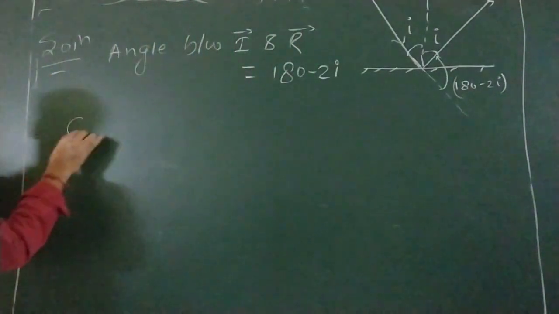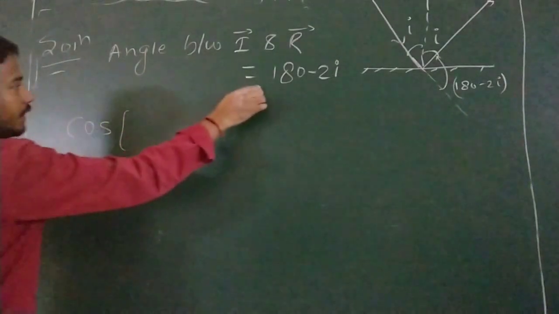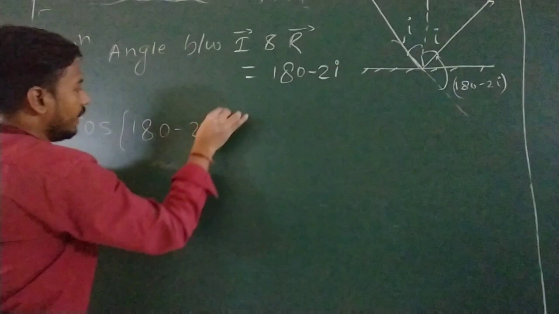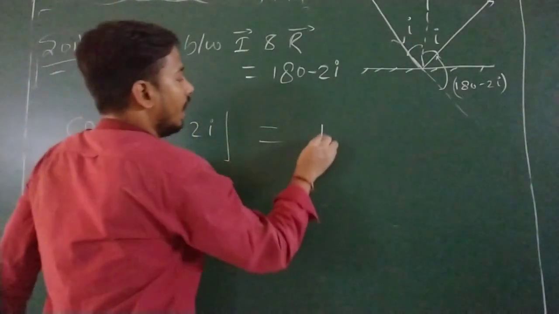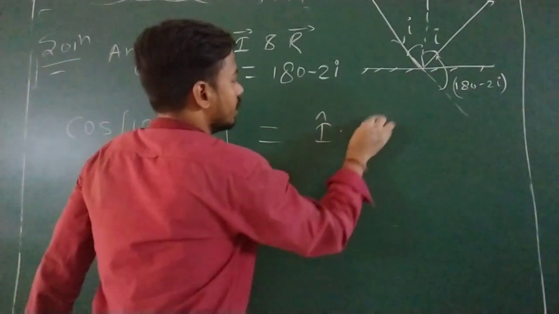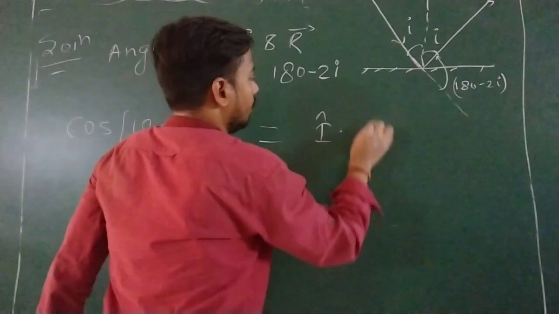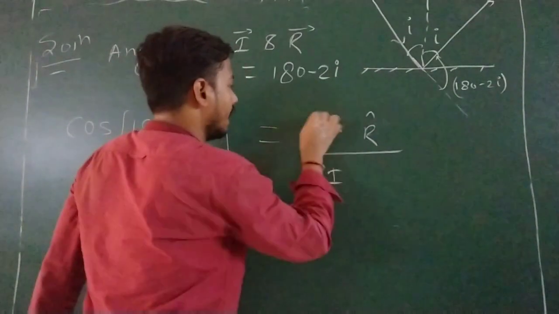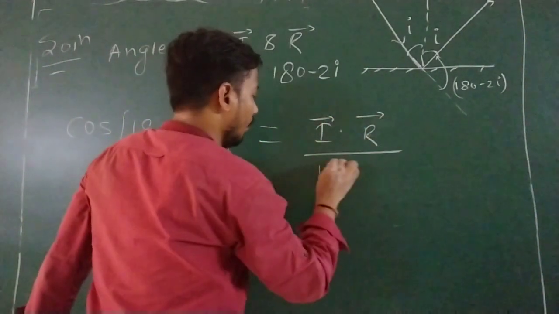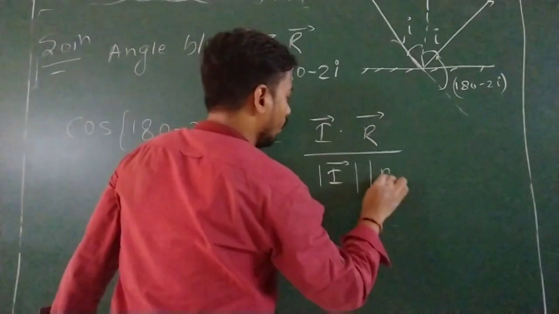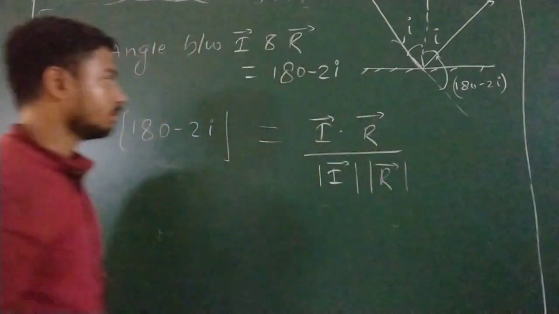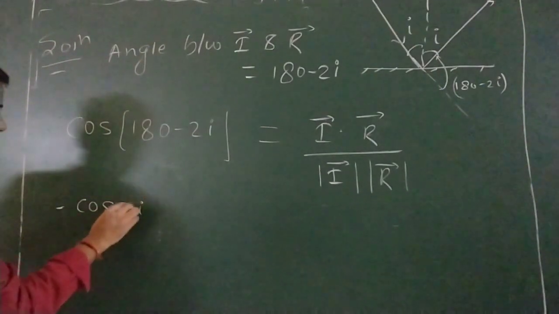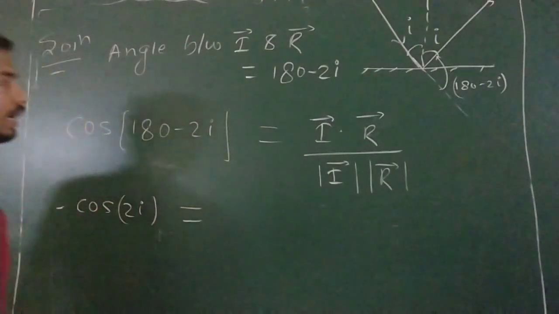So see here, cos theta, where theta is 180 minus 2i, is equal to I vector dot R vector divided by mod of I vector divided by mod of R vector. So the left side becomes minus cos 2i.